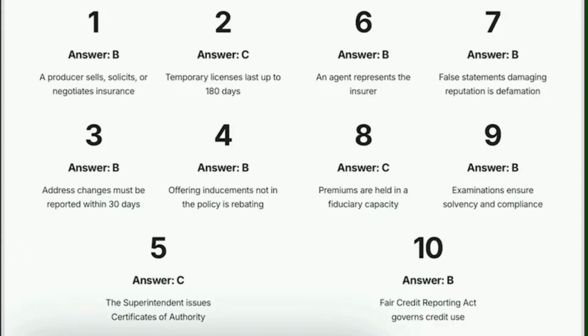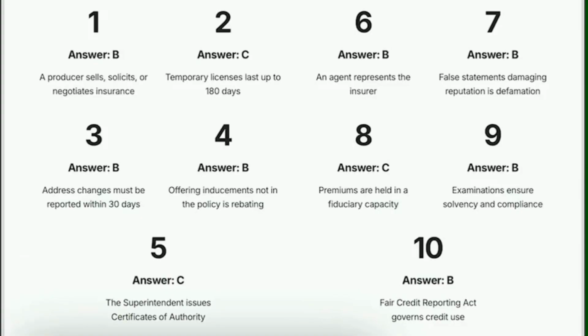Question number 3, address changes must be reported within 30 days. Question number 4, B, offering inducements not in the policy is rebating, right? That $50 gift card to get them to sign the policy. That would be rebating.